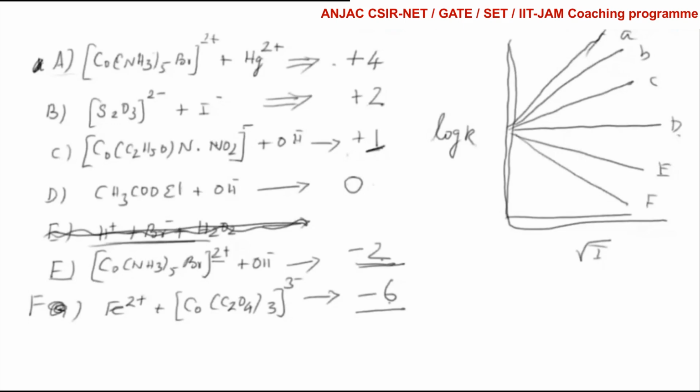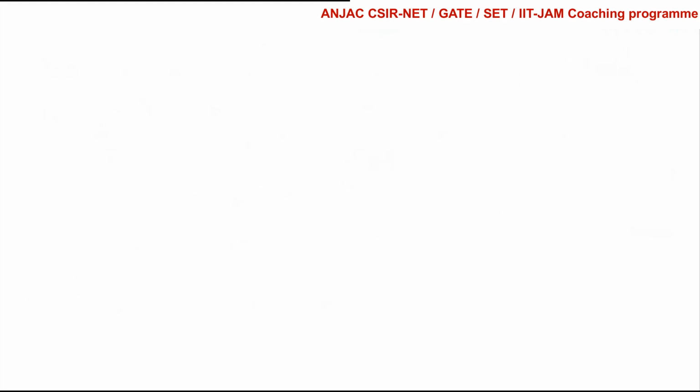If the rate constant of an ionic reaction, S2O3 2- plus I- giving products, is 4 into 10 power minus 3 per mole per liter per second in the presence of an electrolyte with ionic strength 0.04.